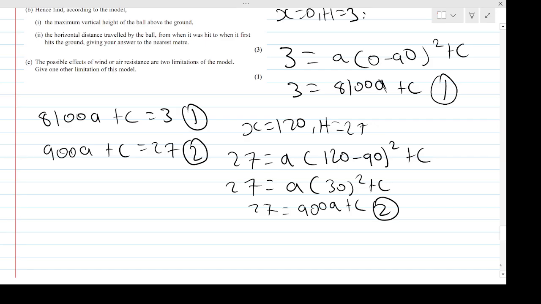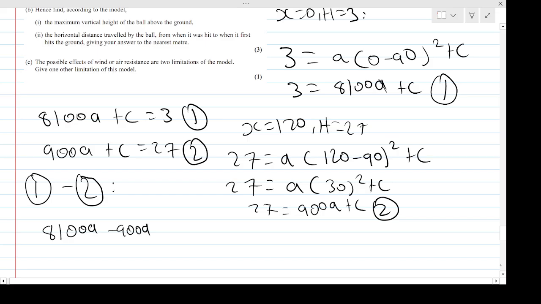Well, I can get rid of the c by taking the equations away. So if I take the second equation from the first, that means 8,100a take away 900a plus c take away c. That's going to be 3 take away 27, right?